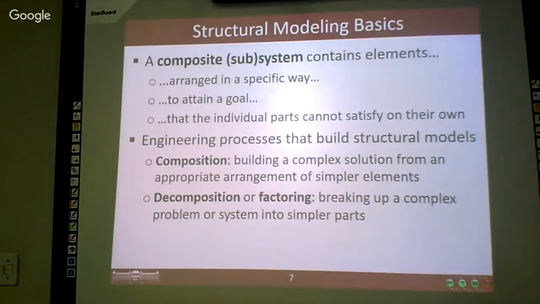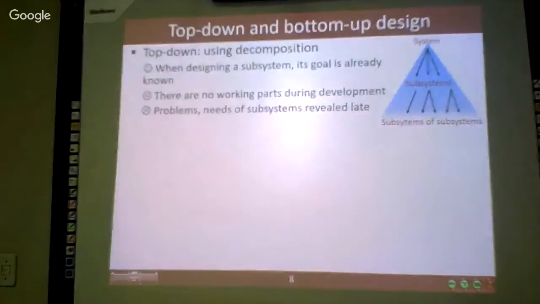One is composition, when we are building a complex solution from an appropriate arrangement of simpler elements. And we can also use decomposition or factoring. That means that we break up a complex problem or system into simpler parts. So these are the two main engineering processes.